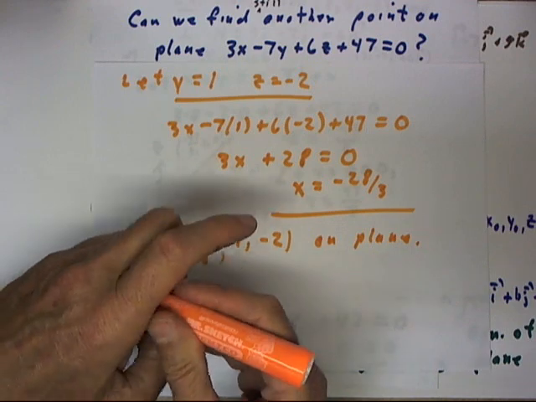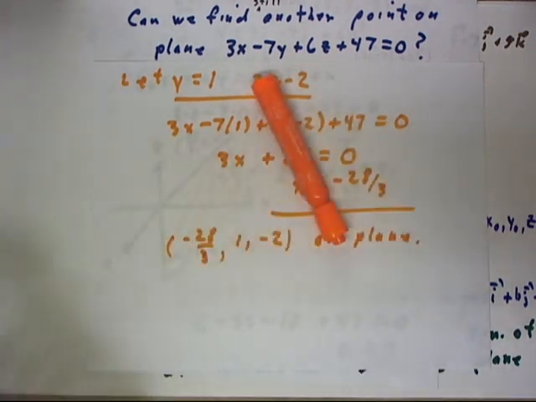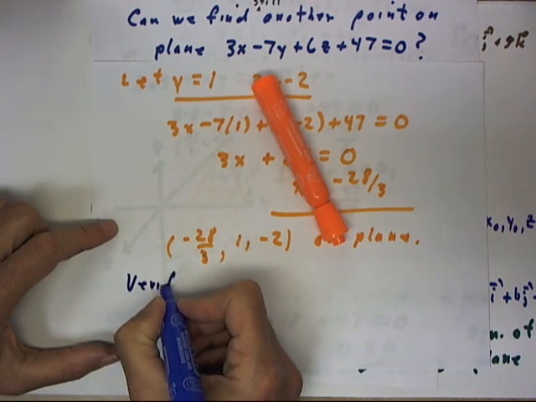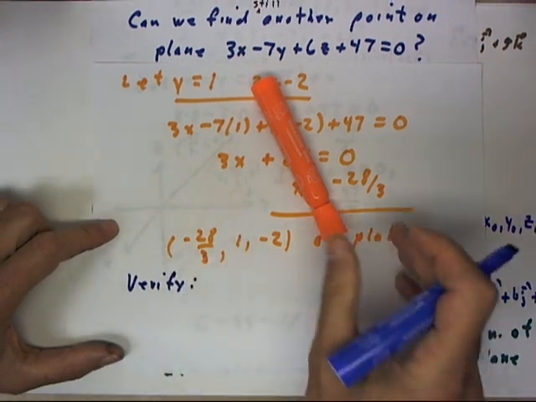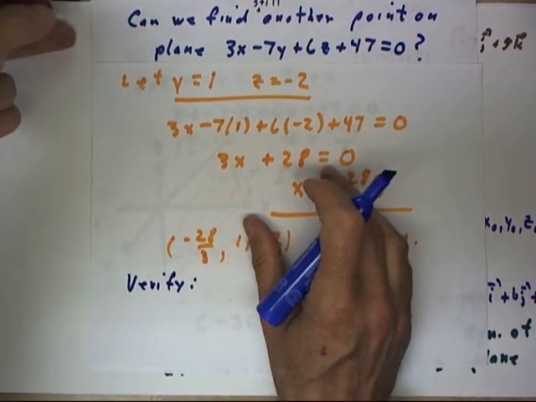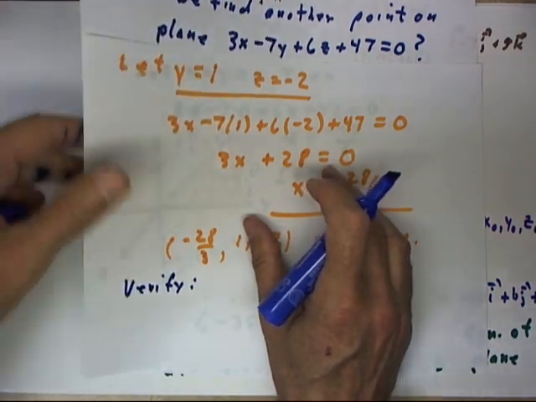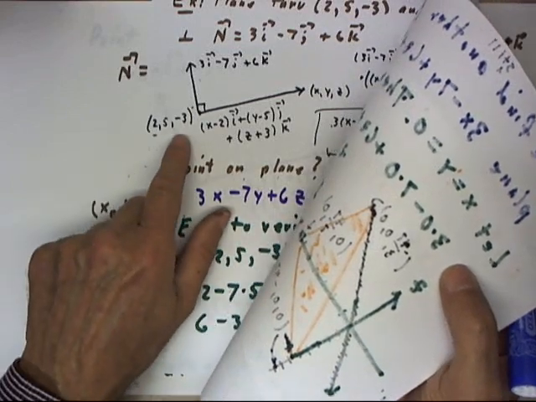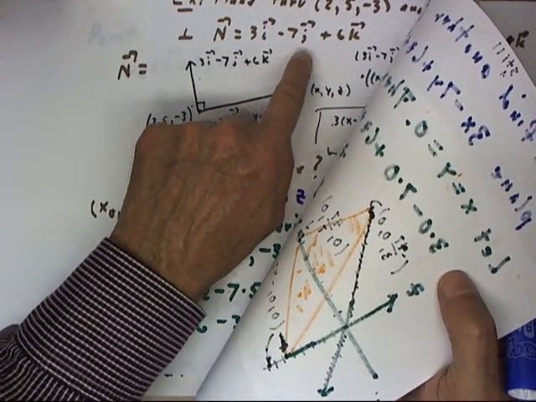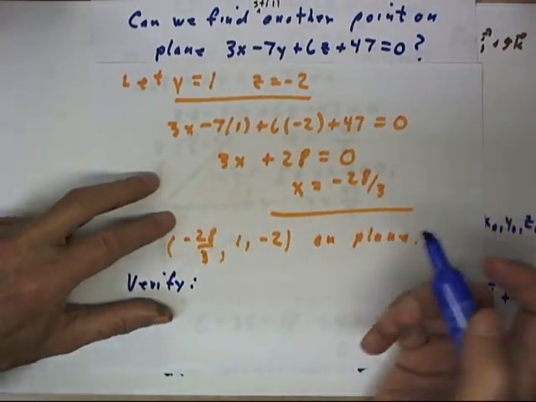Now let's see if we can verify this. Okay, verify. Now recall that the original condition for this plane was that the point 2, 5, -3 lie on the plane, and the plane be normal to the vector 3i minus 7j plus 6k.